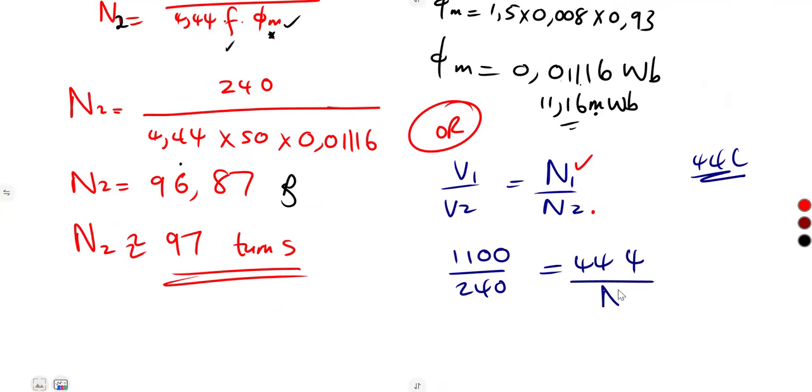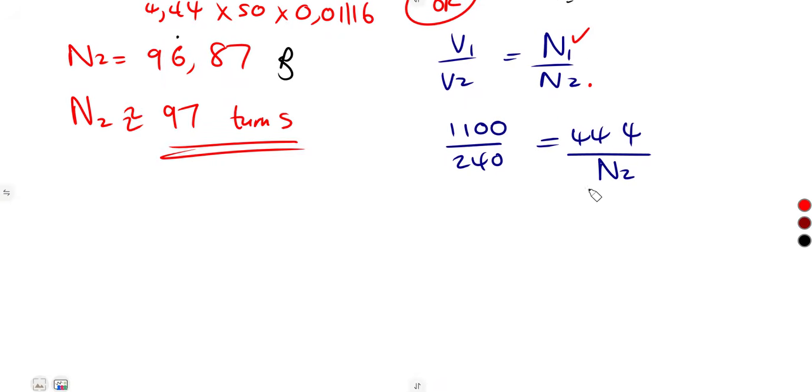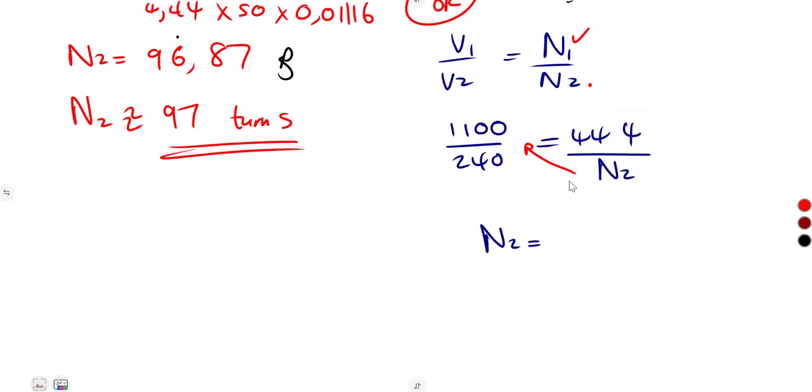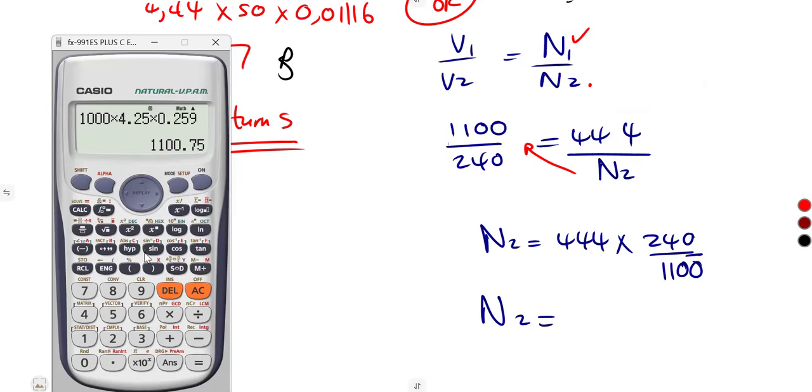We do not have N2, so we can calculate it. Taking this to the other side, N2 is equal to 444 times, to get rid of this you multiply by the reciprocal, 240 over 1,100. That will give us N2, but we are using rounded-off values, so it will change a little bit.